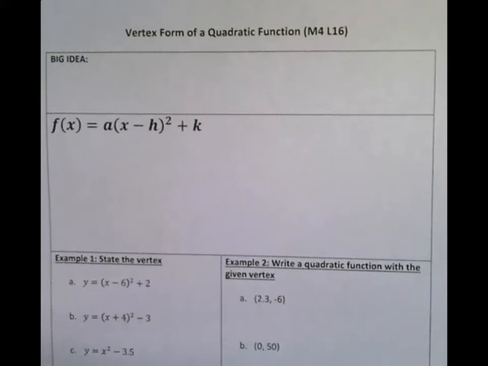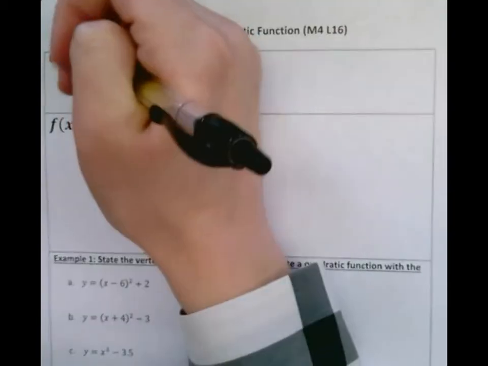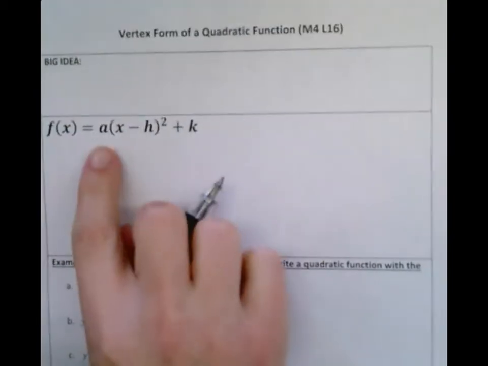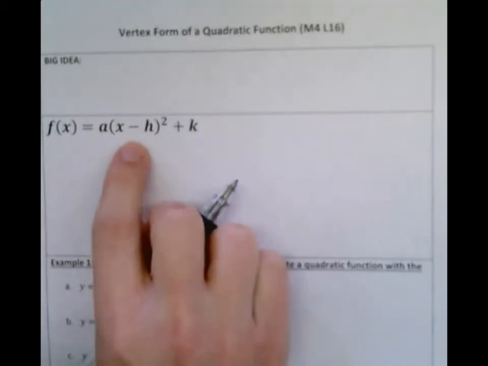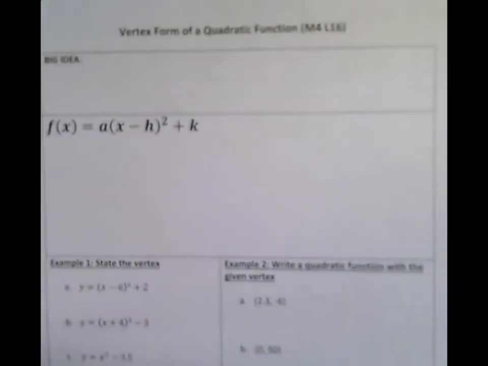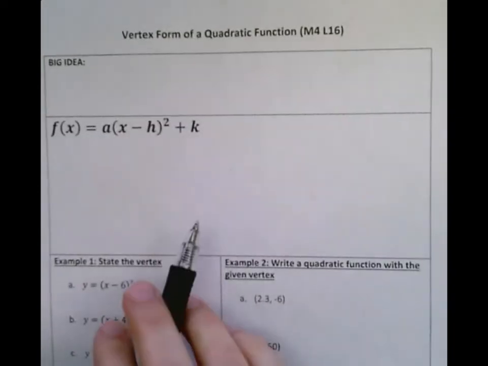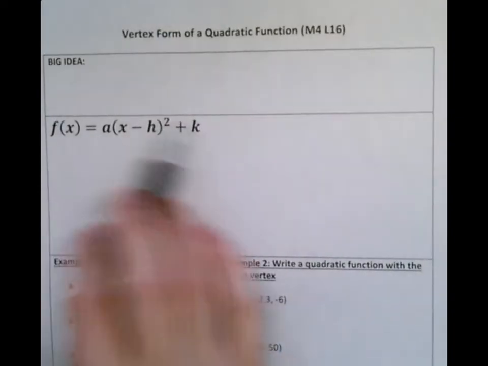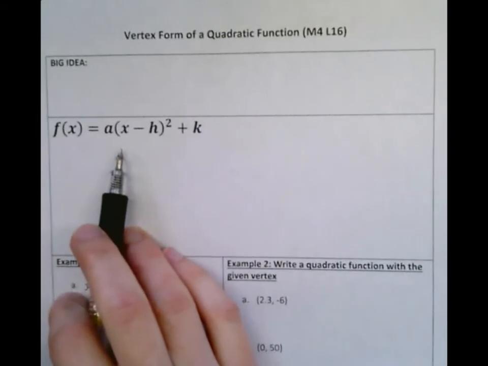So first of all, the big idea here is that we have this vertex form, a(x - h)^2 + k. And this allows us to see all the different transformations of the graph of this function compared to x squared.